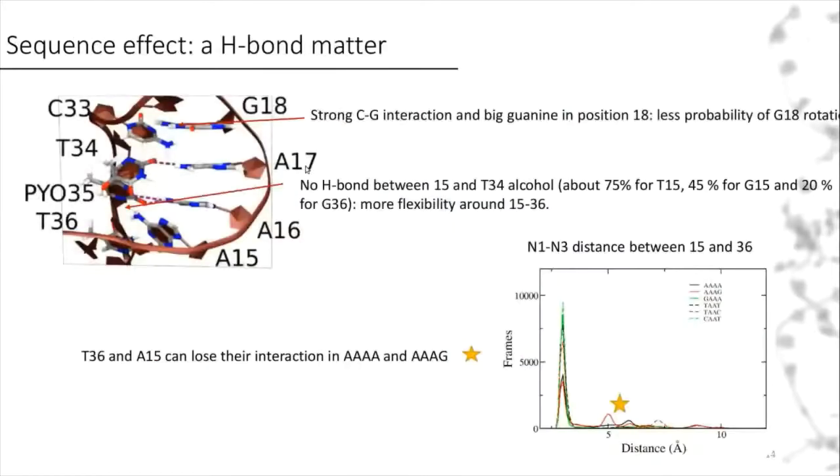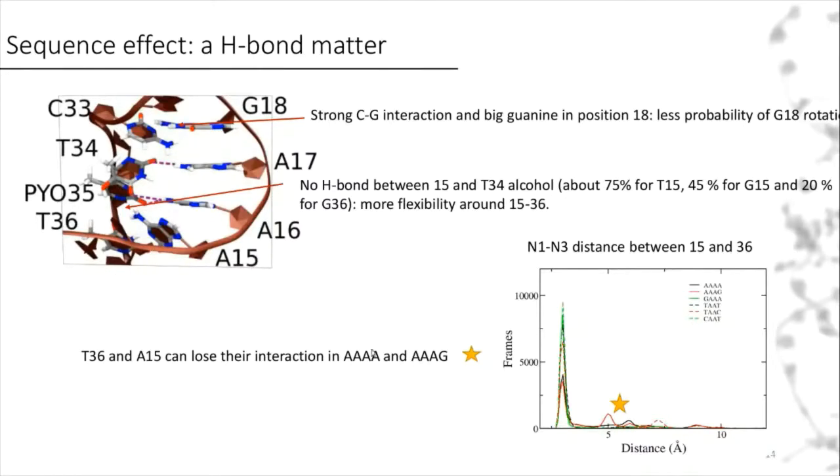There are 2 points. Of course, first, you have a CG pair here, where you can have these 3 hydrogen bonds, which are highly conserved during all the dynamics, even using Res2. And what you don't have is the hydrogen bond we observe in TAT, and which is present in TAC and CAT and GAA. This hydrogen bond increases the rigidity around the 36 and 15 nucleobases.